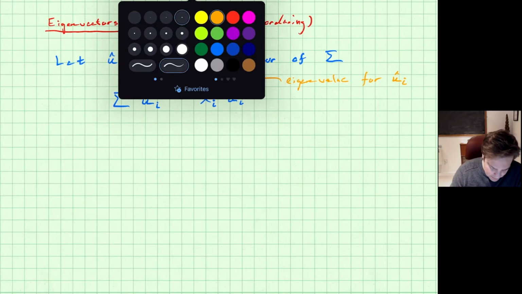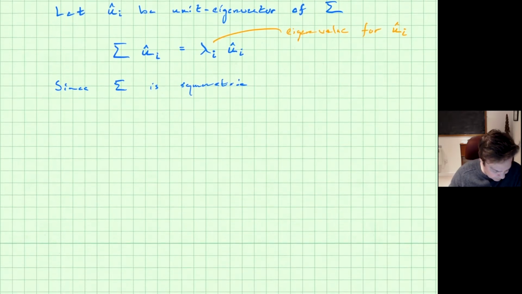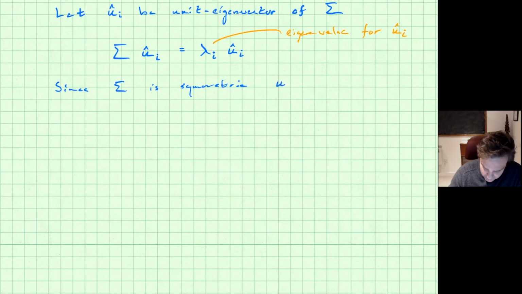Okay, now we make use of the fact that sigma is symmetric. So since sigma is symmetric, we have the following special rule. The u hats are orthogonal. I think we talked about this several times now. In fact, they're called orthonormal because they're perpendicular to each other and they all have length 1.